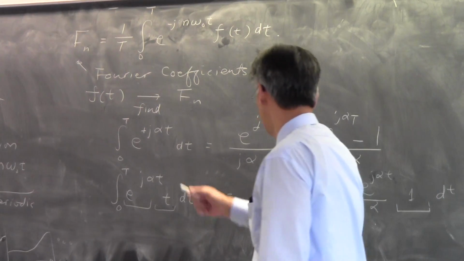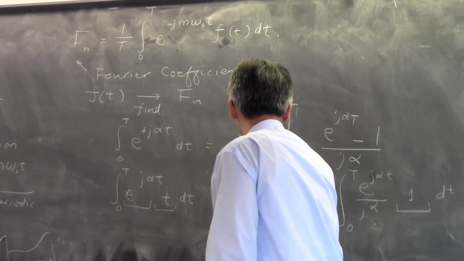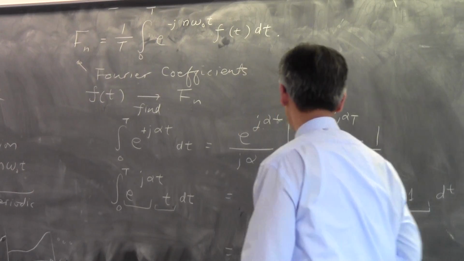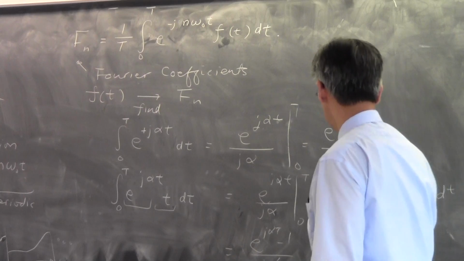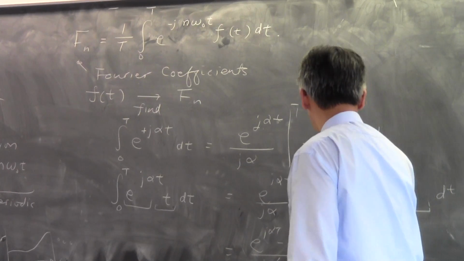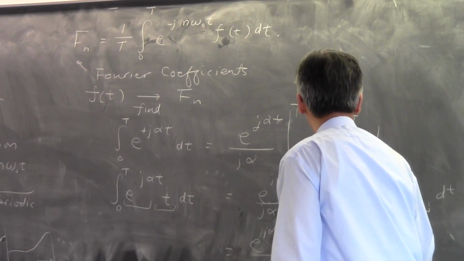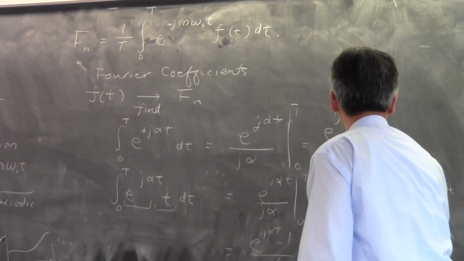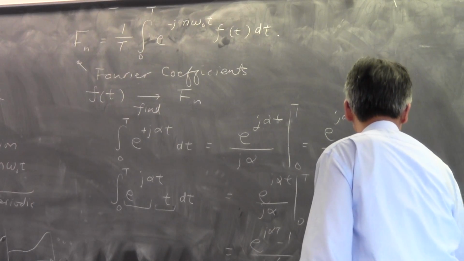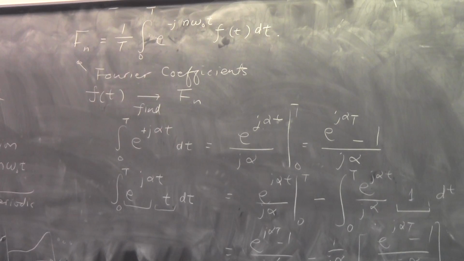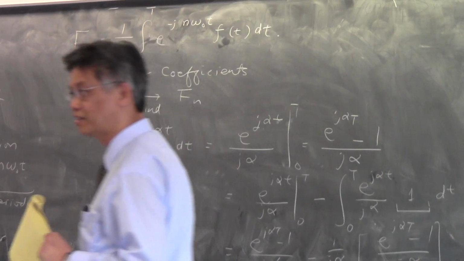So if you integrate the function, it will be e to the j alpha T times T minus 1 over j alpha for the first term. And then the second term, you just do it over again, is 1 over j alpha. Okay? The integration of this one, which is e to the j alpha T minus 1 over j alpha. Okay? So I think those are the two main things that you need to learn how to integrate.